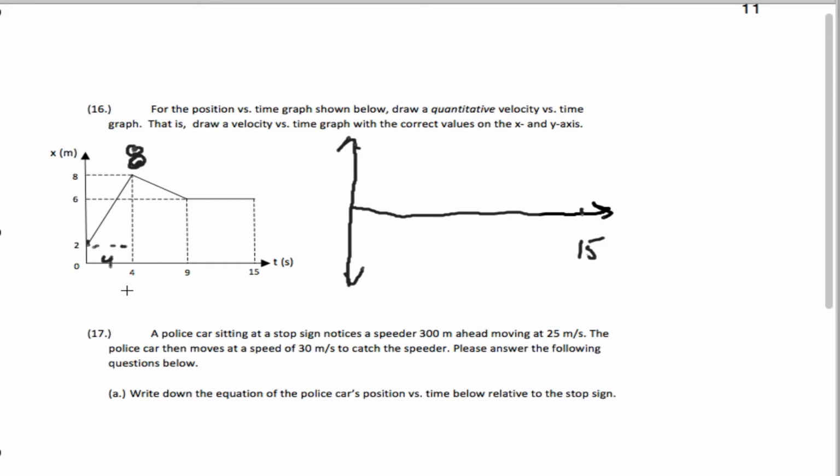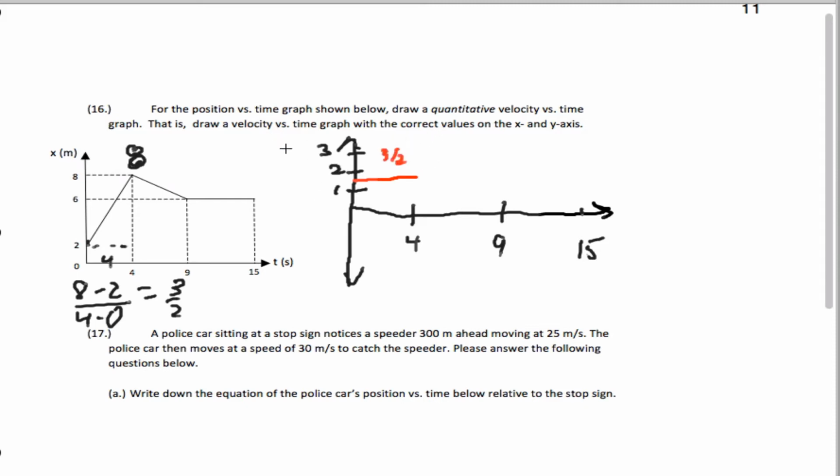So if I want to get the velocity for the first part, from 0 to 4 seconds, and then 4 to 9, 9 to 15, from 0 to 4 seconds, I need to take 8 minus 2 divided by 4 minus 0, and that's going to give me 3 halves. I can just write here 1, 2, 3. My velocity right here is just going to be 3 halves all the way out to 4, like that. And I would label this as 3 halves.